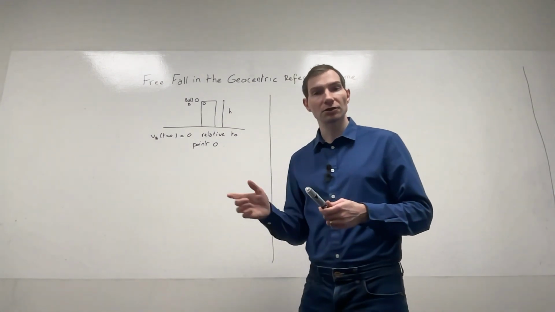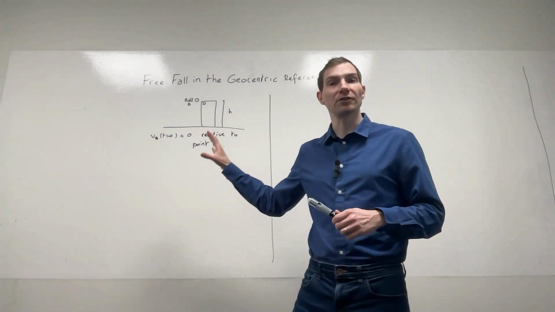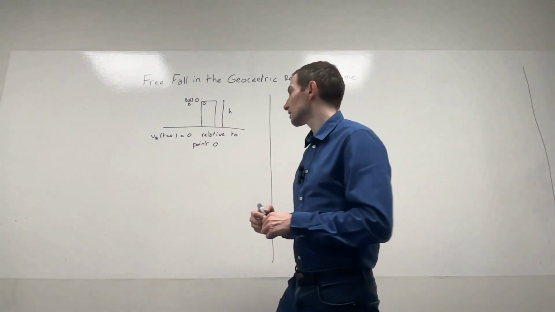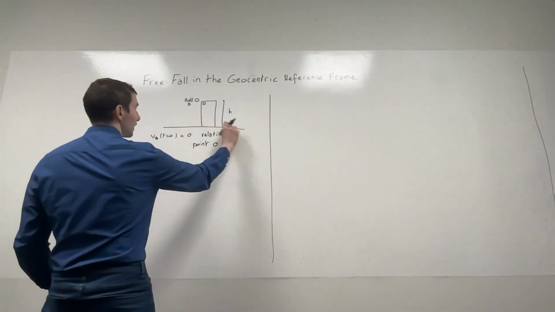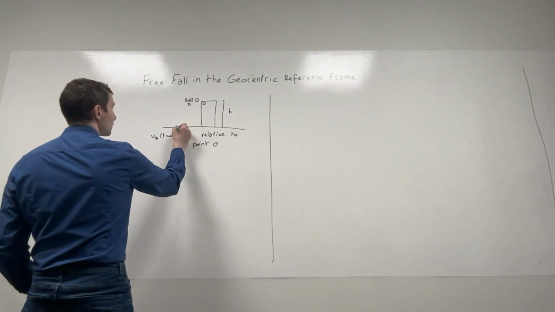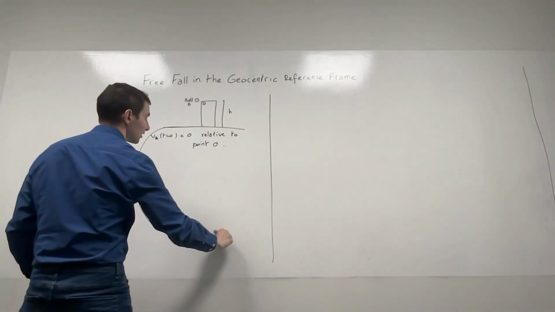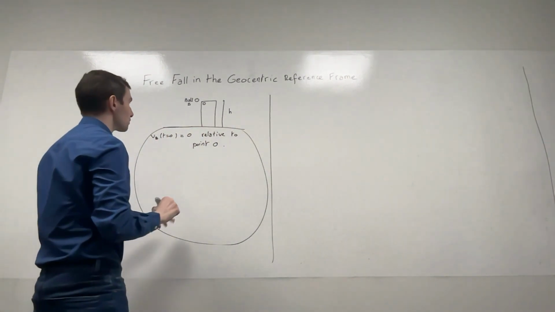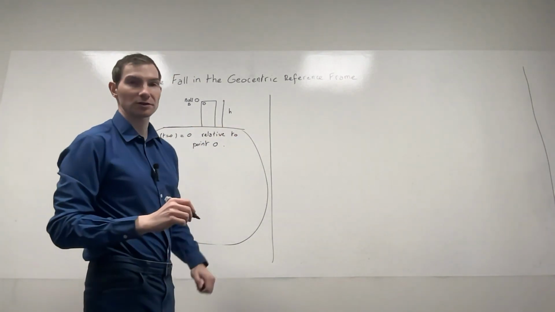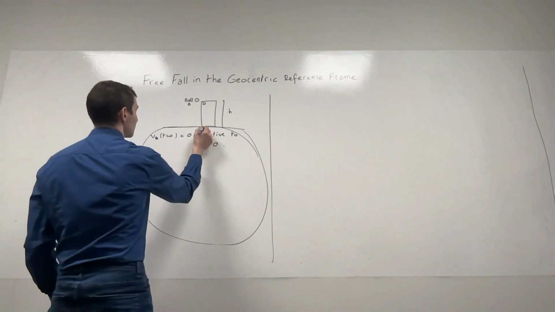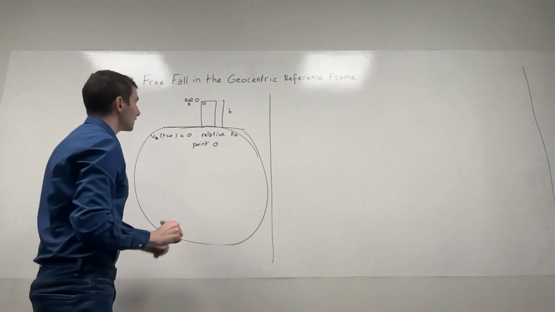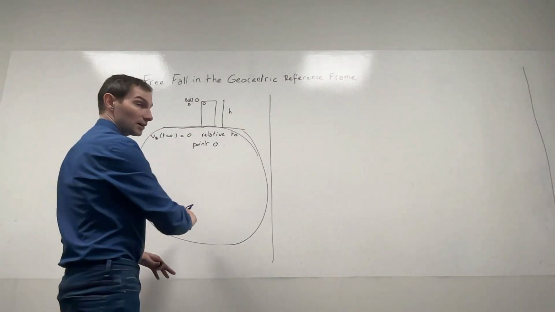So in the geocentric frame, I'm going to exaggerate the drawings on purpose, but what you have is that this flat portion here turns out to be a portion of a circle. It is flattened a bit here, but you need to imagine that essentially this is the Earth.